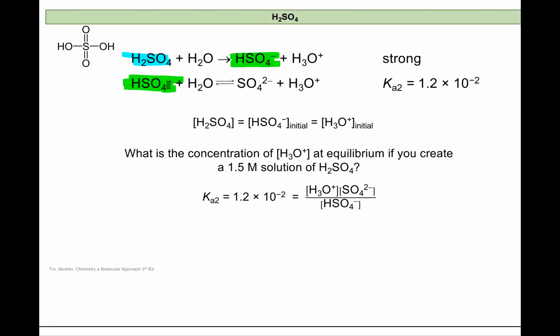We're going to assume, since sulfuric acid is a strong acid, that all of it ionizes and turns into HSO4 minus initially. We know that our Ka is 1.2 times 10 to the -2, and our question is asking, what is the concentration of H3O plus at equilibrium? We're going to start with a 1.5 molar solution of our sulfuric acid. So I'm going to walk through and solve this problem on another page here.